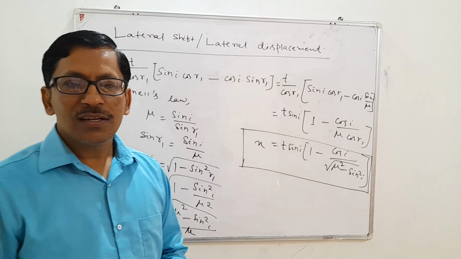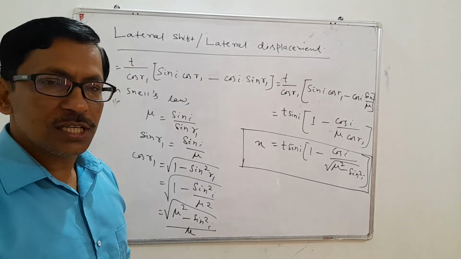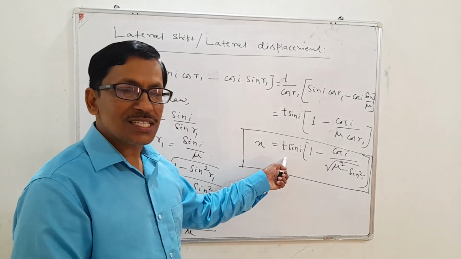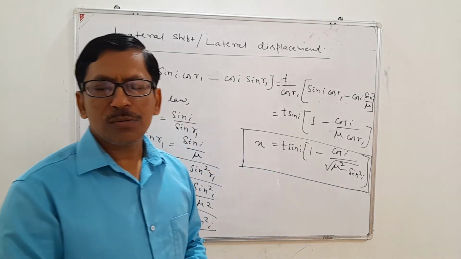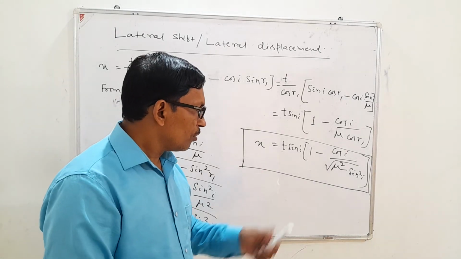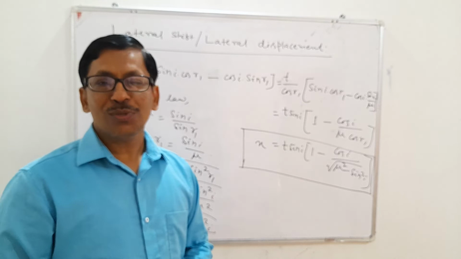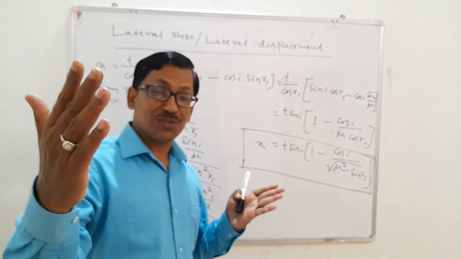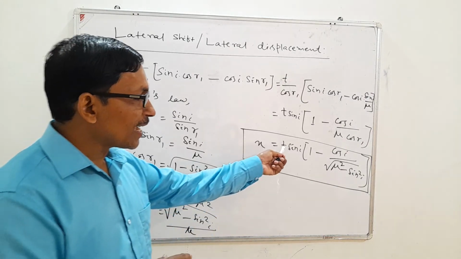See children, lateral displacement depends upon which factors? It depends upon the thickness of the glass slab, the angle of incidence, and also the nature of the material of the glass slab. Now, what is the maximum value of the lateral shift? How much can it be shifted? That depends upon the angle of incidence.